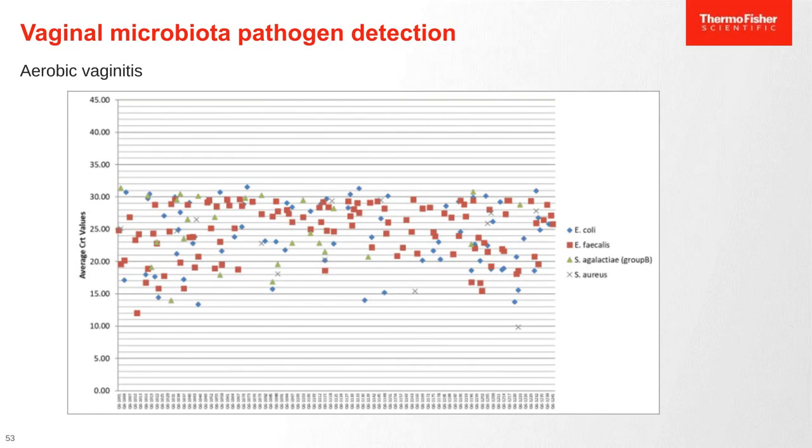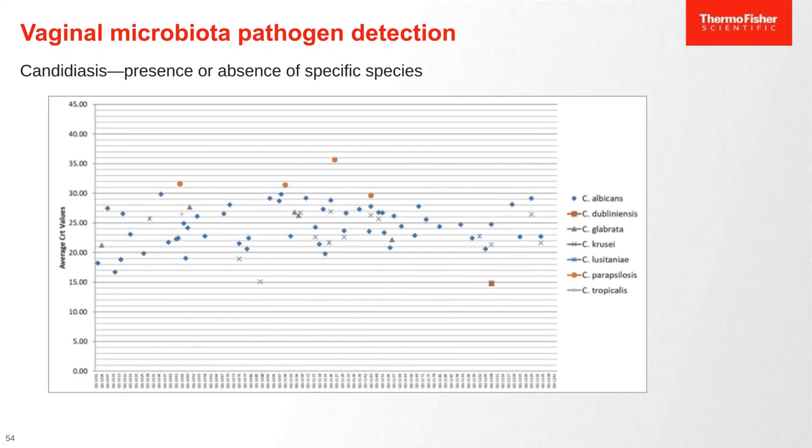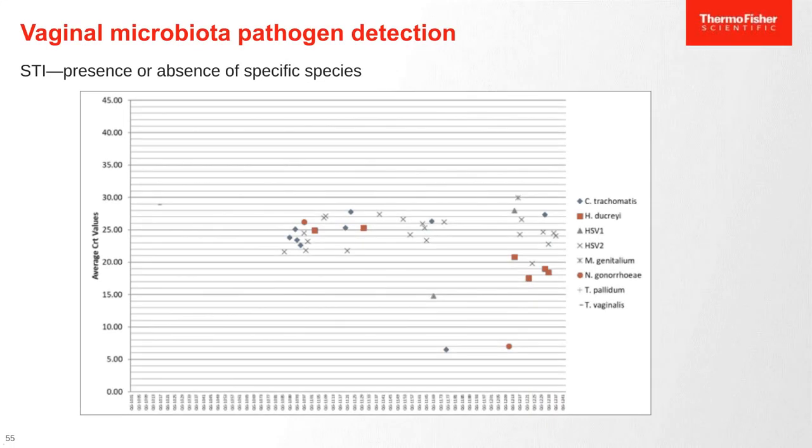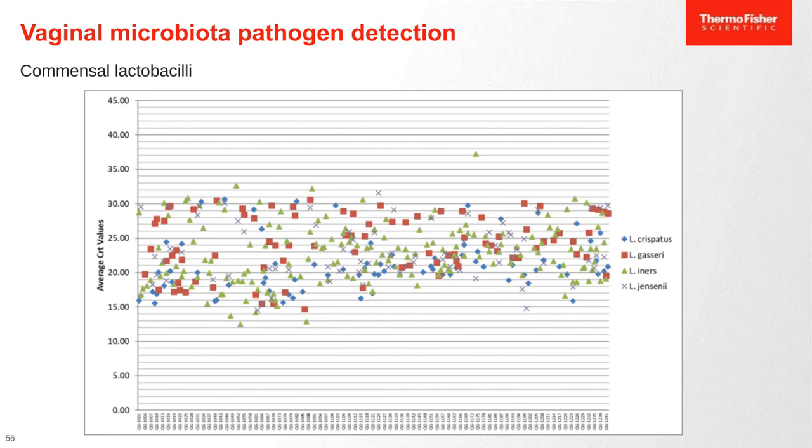Same thing if you're looking at, here specifically, aerobic vaginitis for these targets. And then again, looking more at Candida species for yeast. And then, of course, STI, if you're looking more for those. So it provides so much flexibility. And I think the final one is just the commensal lactobacilli within the sample. So a huge amount of information for relatively a small amount of effort.